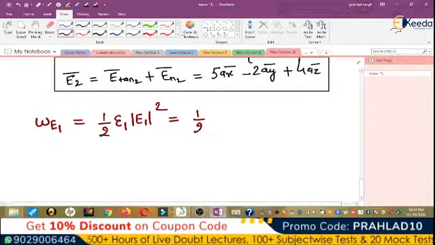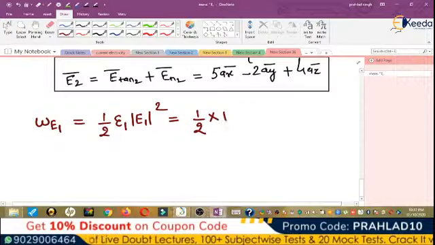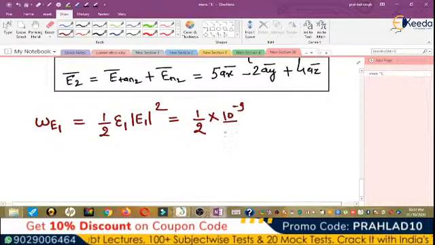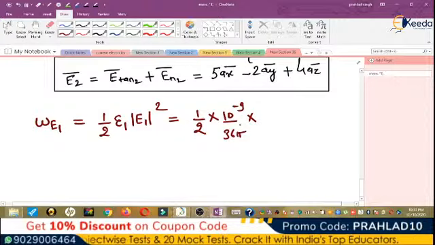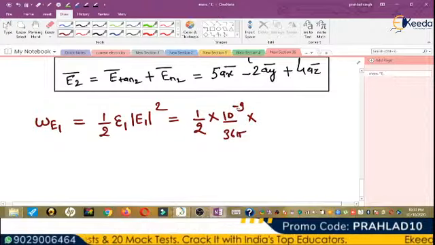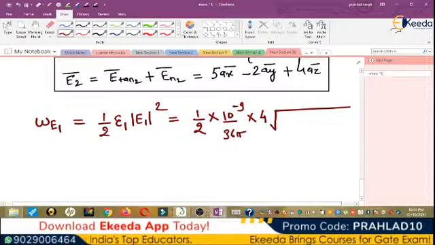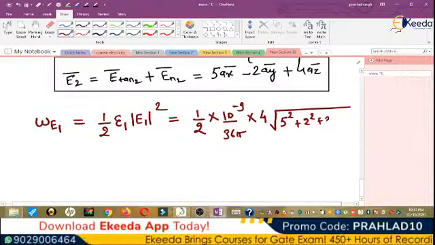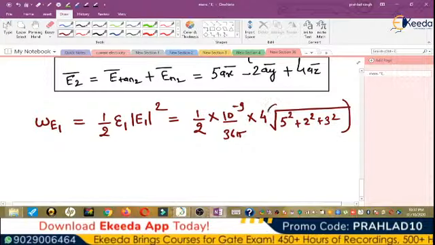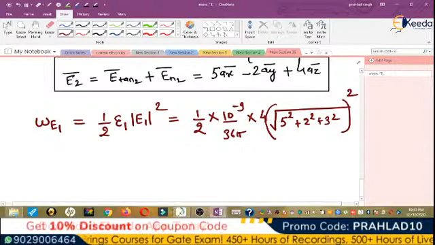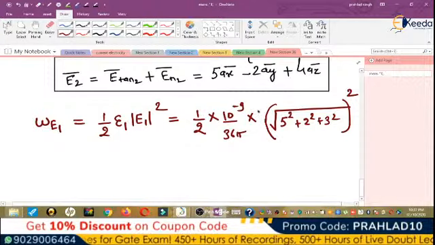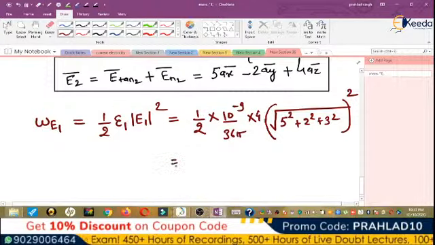So in the medium number 1, epsilon 1 is epsilon naught, the value of epsilon naught is 10 to the power minus 9 by 36 pi, into epsilon r1, which is equal to 4, into mod E1 square. What is mod E1 square? It is square root of 5 square plus 2 square plus 3 square, and its whole square. So we'll solve it.